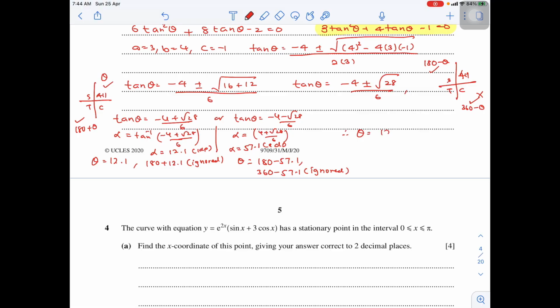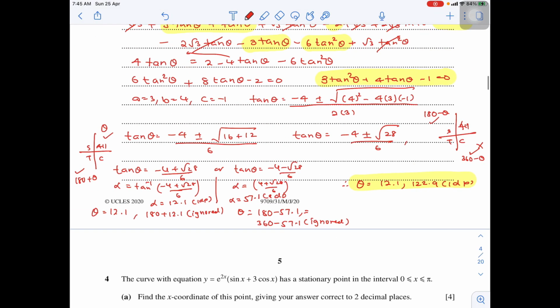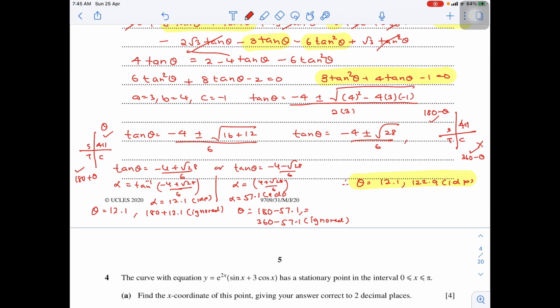So 180 minus 57.1, or I can write 360 minus 57.1 ignored or out of bound. So therefore theta is 12.1 and 180 minus 57.1 is 122.9 to 1 decimal place. That's my answer. Let's try the next one.